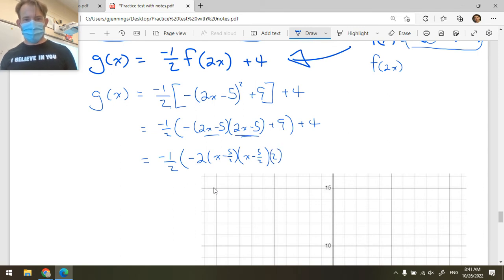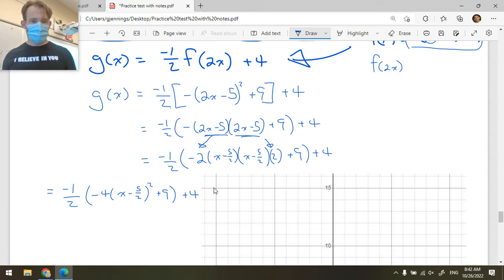So this is 2 coming out of that bracket, went there, and 2 coming out of that bracket, went there, plus 9, plus 4. This is all equal to, let's move over here to avoid working on the graph, negative 1 over 2 multiplied by negative 4 times x minus 5 over 2 squared plus 9 plus 4.